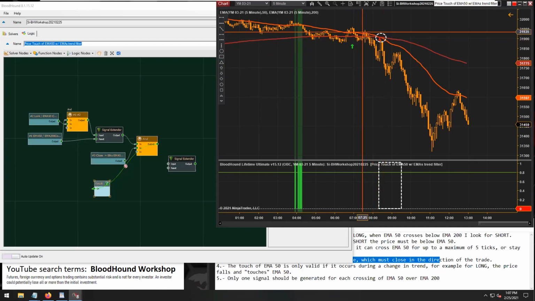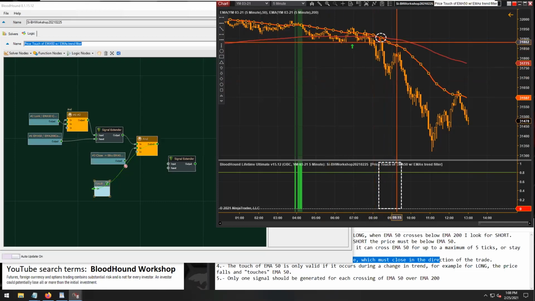How do we handle a possible setup where price is up here and it looks like we might get a long bounce, but then the trend direction reverses? I'm sure that might happen every once in a while. So I just want to make sure that this EMA trend direction is always adhered to.